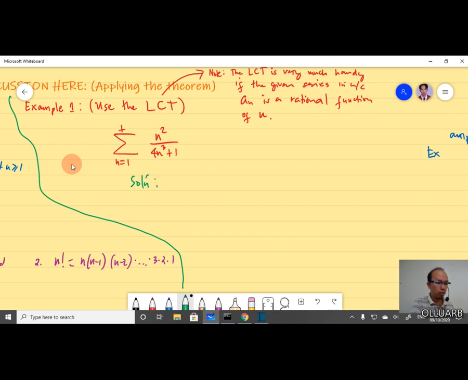How are we going to solve this? In determining the convergence, this is a note. We have to put a note again.